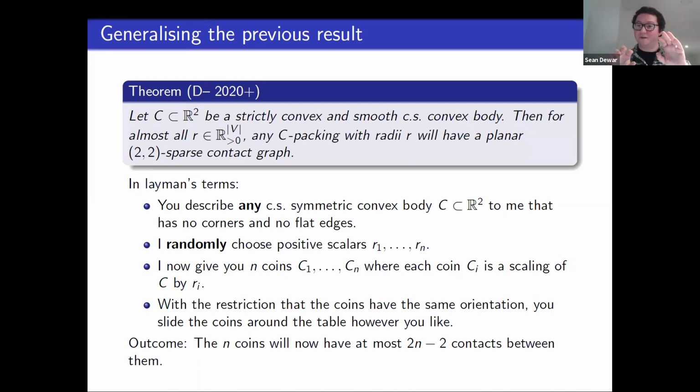Unlike with a circle, if you have 3 circles and they rotate round, however generically I choose the radii, the biggest disk I can fit in between the 3 of them is always the same. With convex bodies, that's not true. And if you do this, that could change and then you could fit something in.